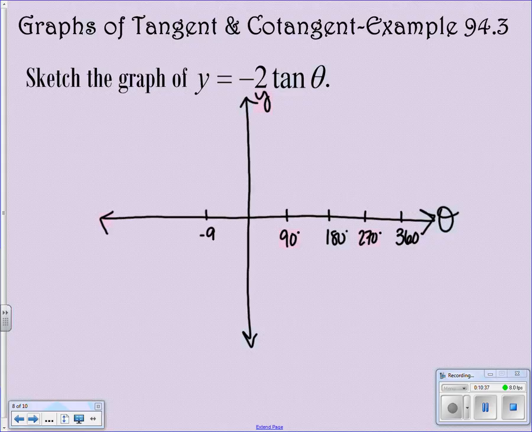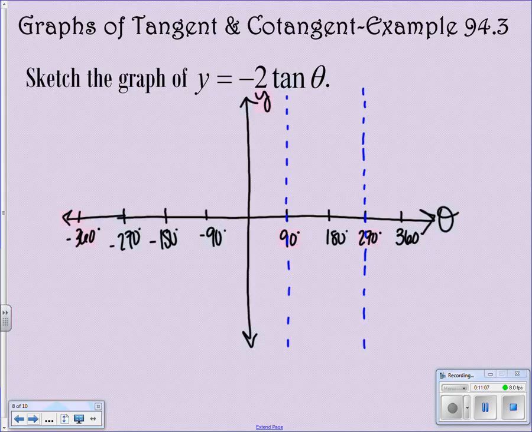So we have -90, -180, -270, and then -360. And now for tangent, our asymptotes occur at 90 degrees and at 270. And so then we put them at -90 and -270.